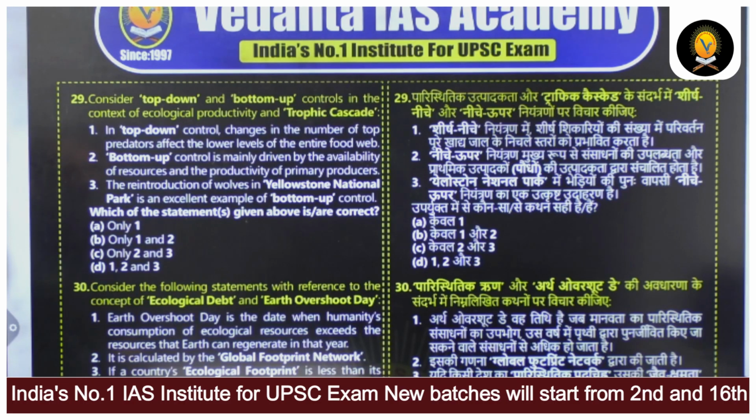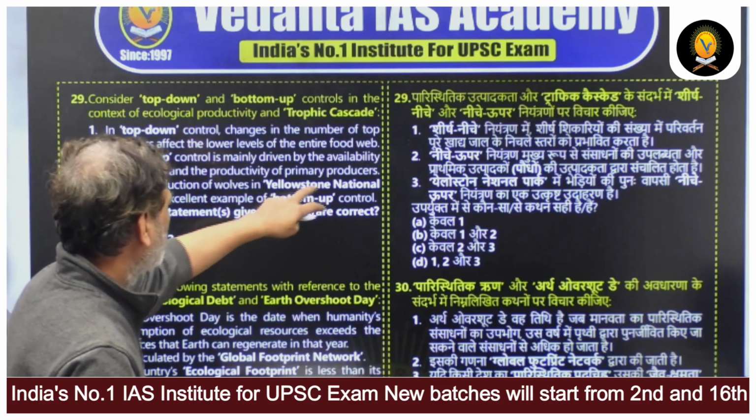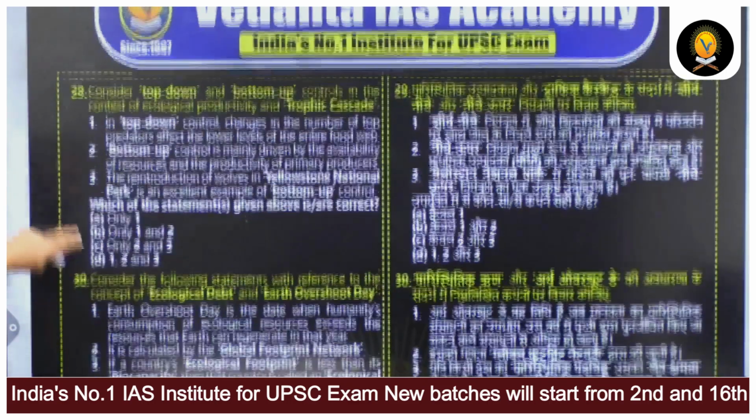Bottom up control is mainly driven by the availability of resources and the productivity of primary producers. Correct. The reintroduction of wolves in Yellowstone National Park is an excellent example of bottom up control. Wrong. So, 1 and 2 are correct, because bottom up control is mainly because of the primary producers, not by the secondary or tertiary.